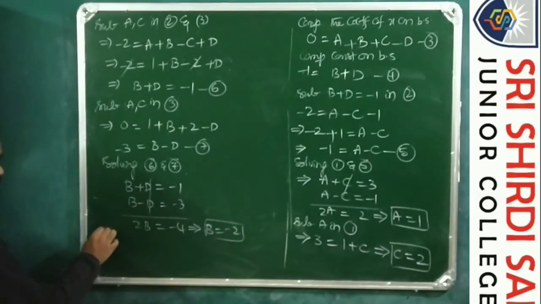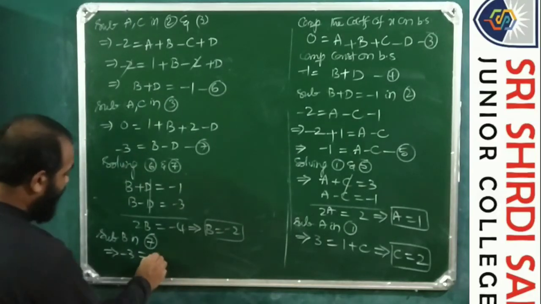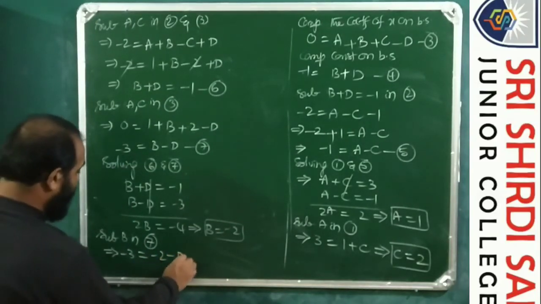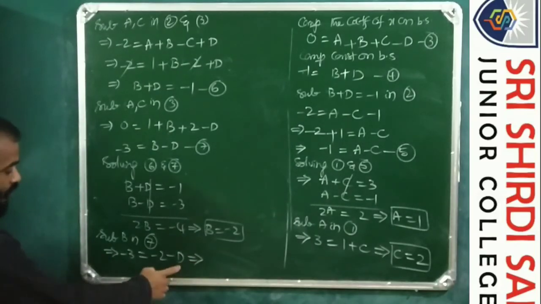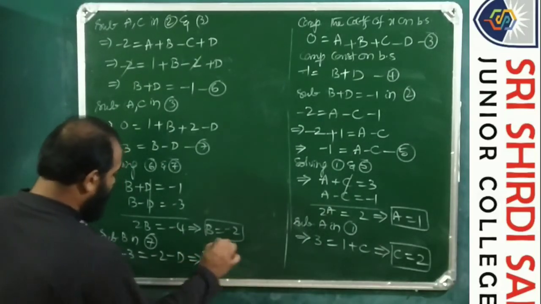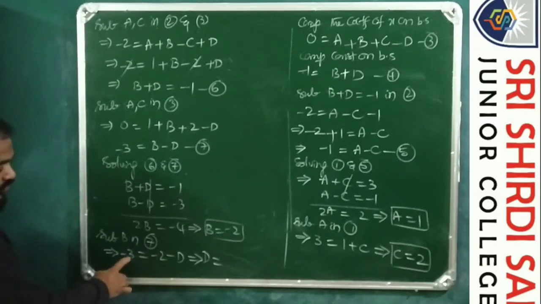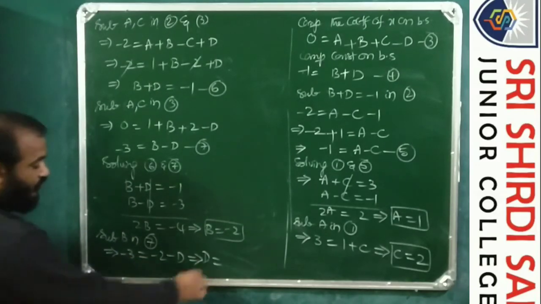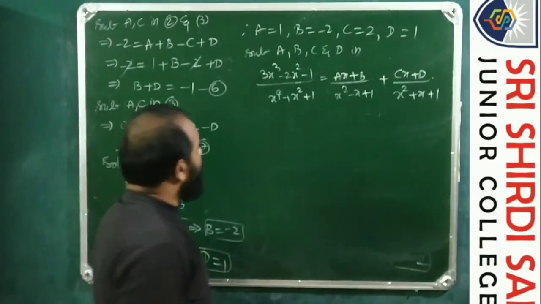So now substituting b in the seventh equation, we get minus 3 equals, b value is minus 2, minus d. So if you transpose, d equals minus 2 plus 3, which is 1.